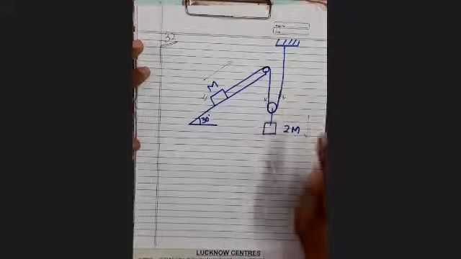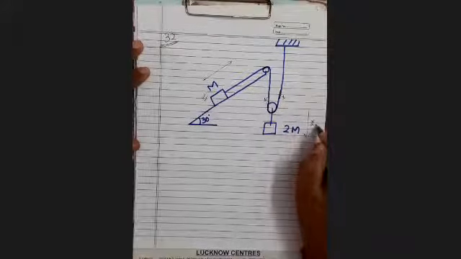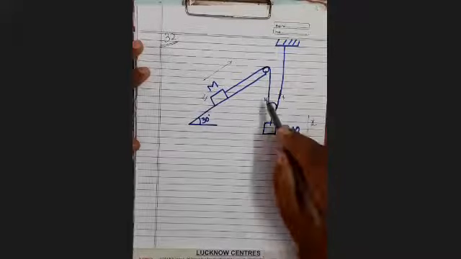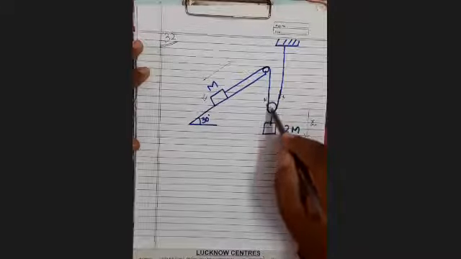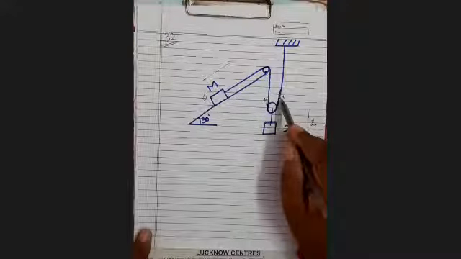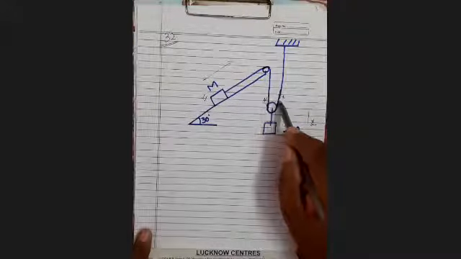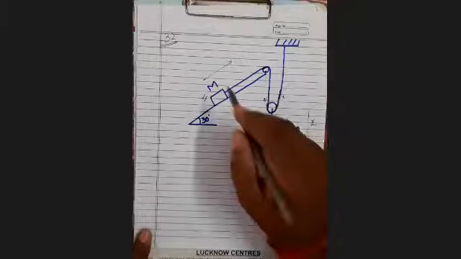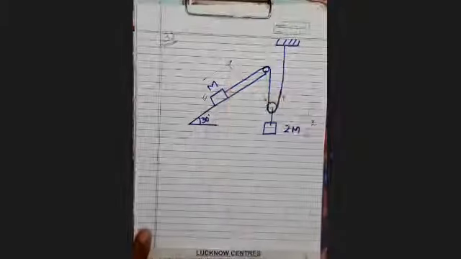In order to move x distance down, the string should elongate by x and x on both sides, meaning total 2x.